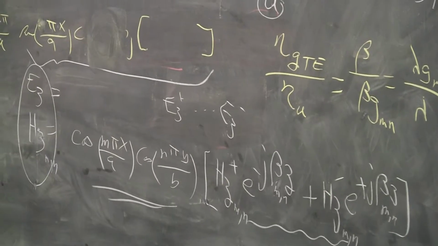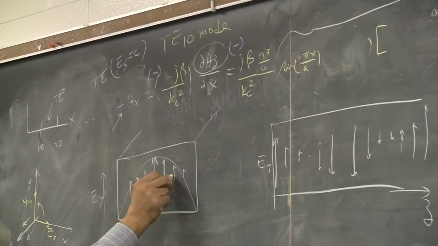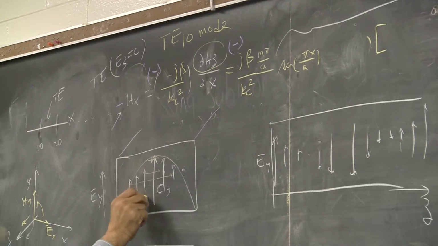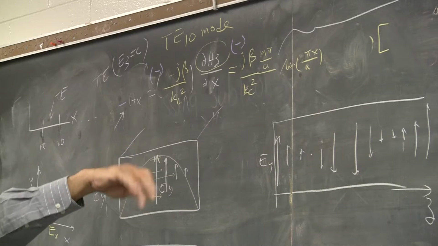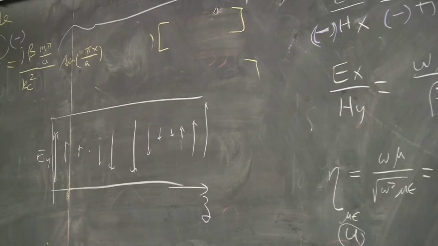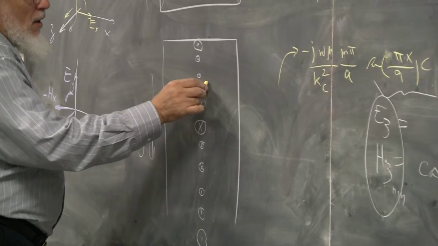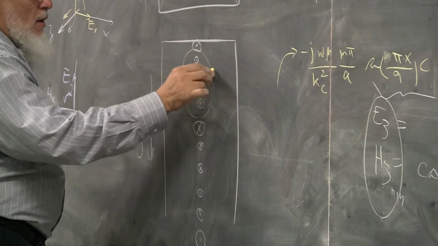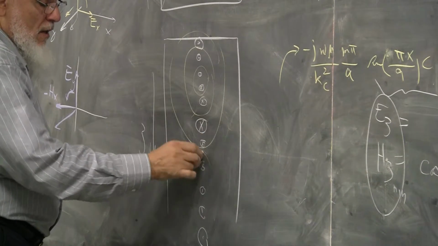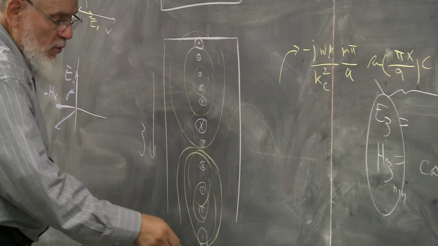The HX is going to be like that, and it's going to get weaker and weaker vertically, because it goes again as sine here. I'm not going to develop the whole thing right now, but eventually you will have loops of magnetic field like this. Next time, I'll show you how to do this in a little more detail.